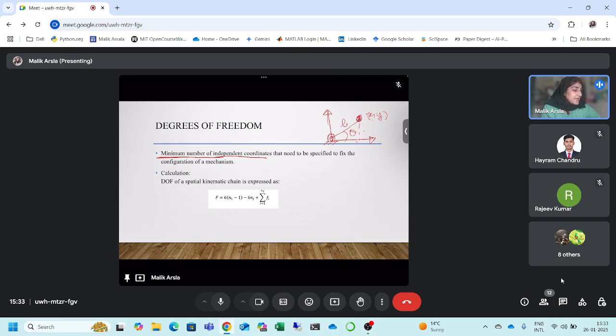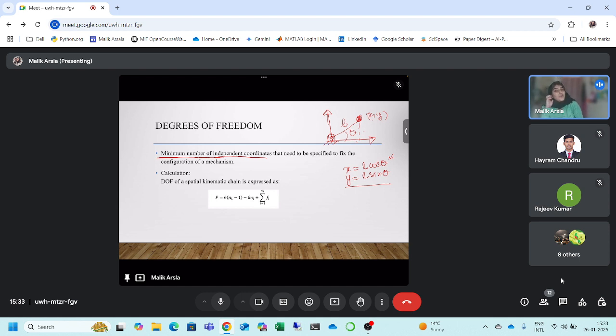There is only one independent coordinate that needs to be specified. So we would say that the degree of freedom of this mechanism is 1, that is theta.